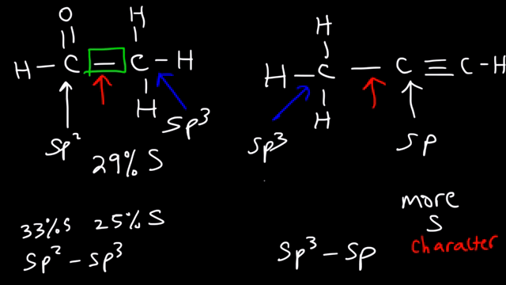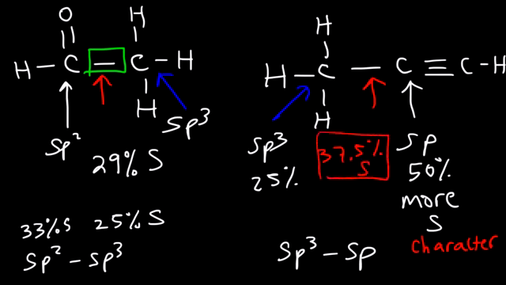Now on the right, sp3 we know is 25% s and sp is 50% s. So if you were to average 25 and 50%, we would get a number that's like 37.5% s. So therefore, this bond has more s character, which means that it's shorter and stronger.